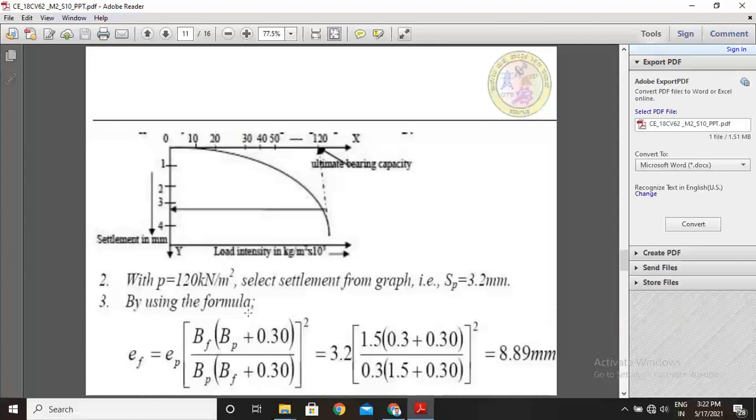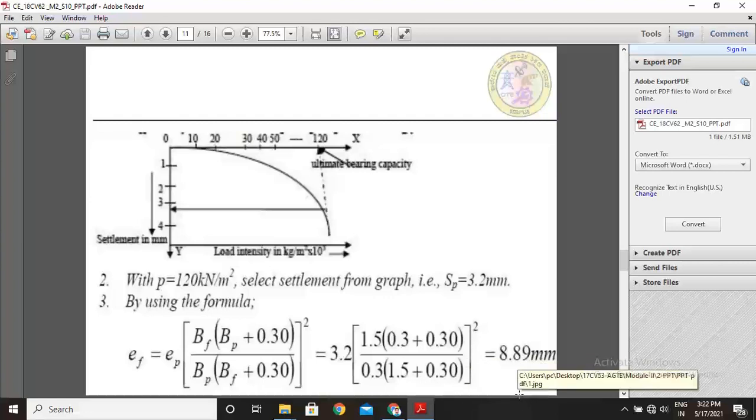Yes, by using the formula SF equal to SP into BF times (BP plus 0.3) divided by BP into (BF plus 0.3), whole square. This is the formula for the plate load test. You remember this formula. Substitute the values: SP is 3.2 into BF is 1.5 into BP is 0.3 meter plus 0.3, divided by BP, the width of the plate, 0.3 into the width of the foundation 1.5 plus 0.3, whole square.